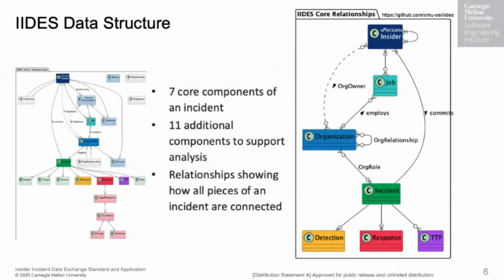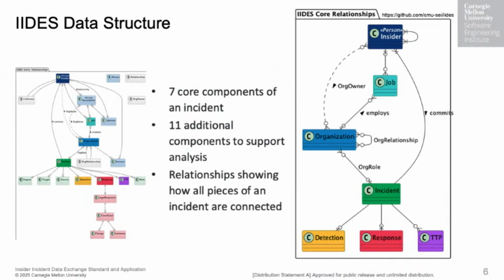So this is a picture of the data structure itself. IIDES has 7 what we're calling core components, and that's this picture on the right side here. We have our incident component, which is the central component of IIDES, and related to that, we have lots of different components like TTPs, for example, tactics, techniques, and procedures, the things an insider may have done, the actions they may have taken.